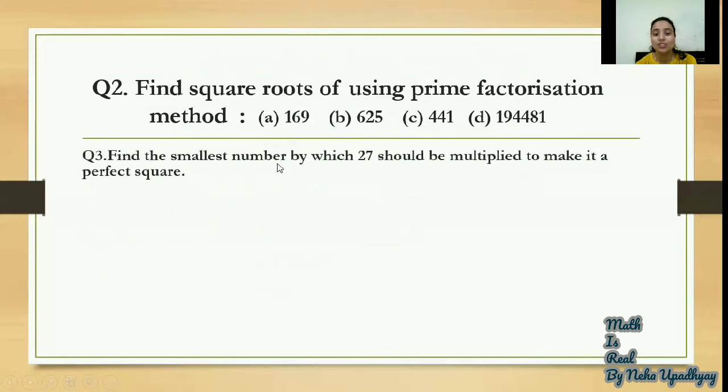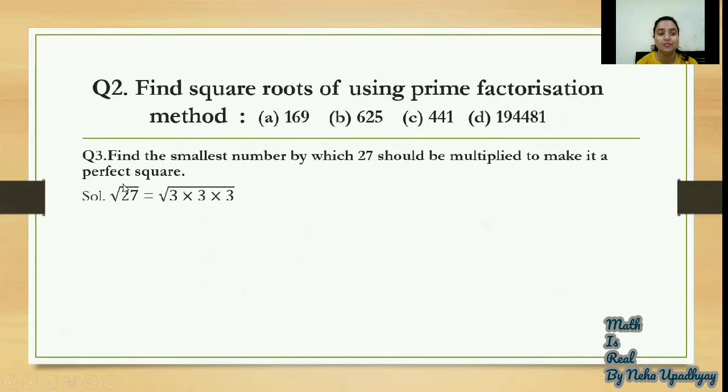Find the smallest number by which 27 should be multiplied to make it a perfect square. Now, because we have seen that some numbers are not perfect squares, if we multiply some terms to them or divide some terms from them, then we can make them perfect squares. So how does this method work? See here.